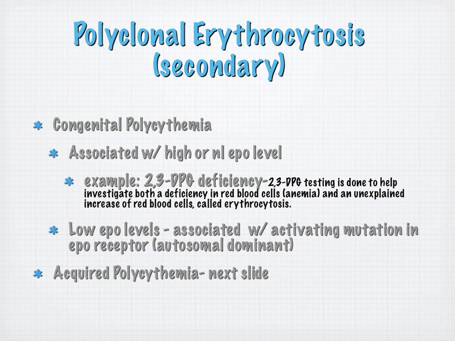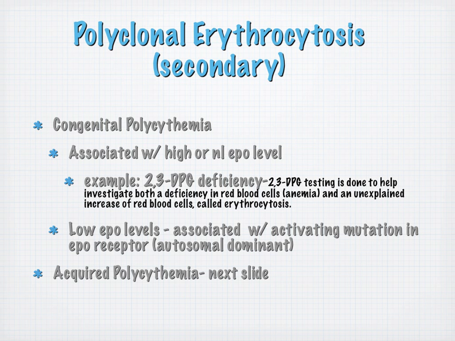You may recall the importance of 2,3-DPG in oxygen release from hemoglobin, and you may remember from biochemistry that when you go from sea level to altitude, DPG has to increase in order for the difference in oxygenation in the body to be efficient and the person not to notice it. So one example of congenital polycythemia could be a result of 2,3-DPG deficiency.